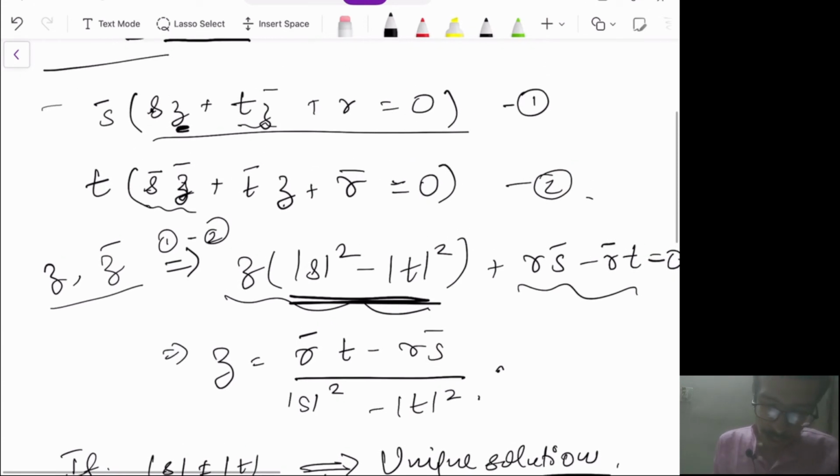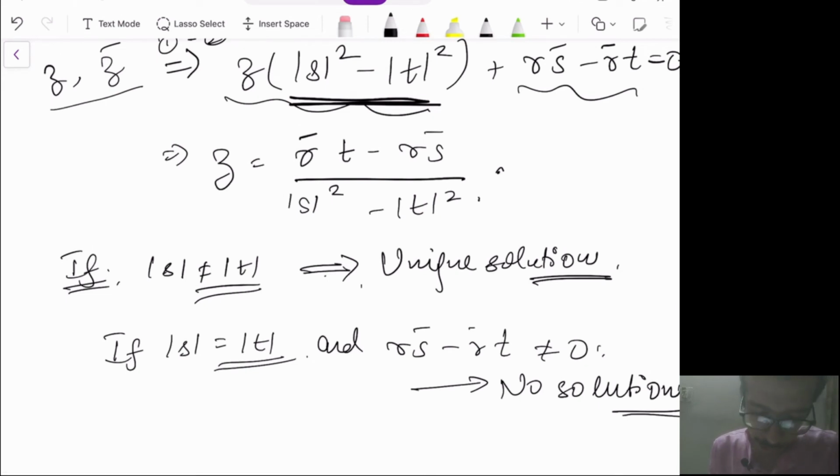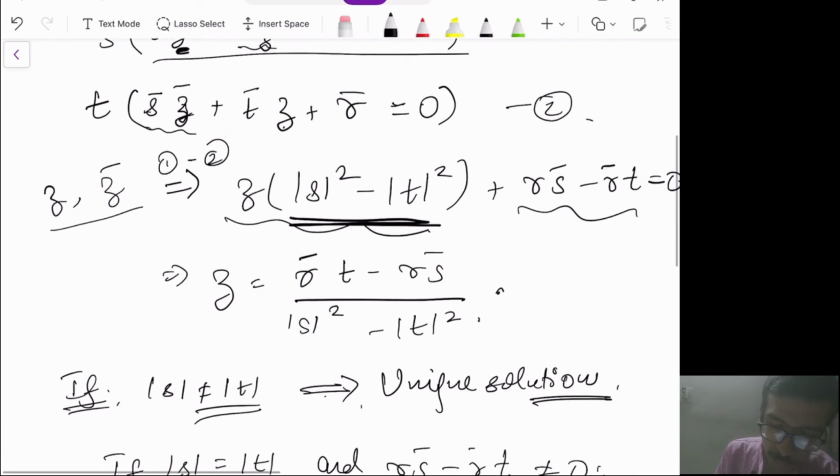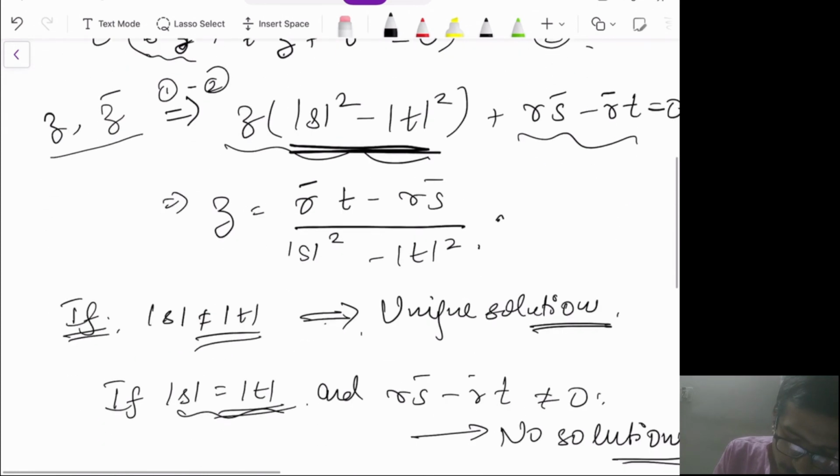And in general, let's try to solve for the case where |s| equals |t|.